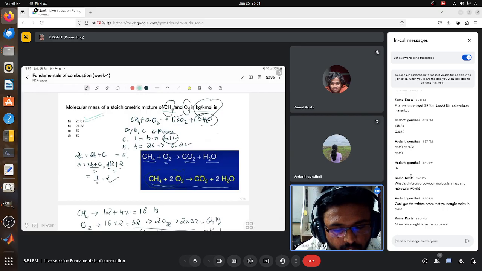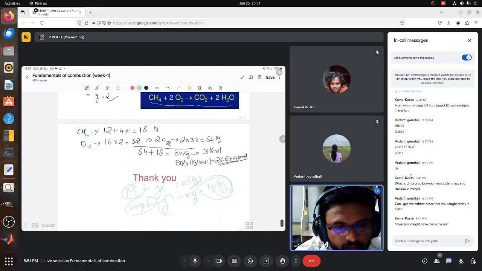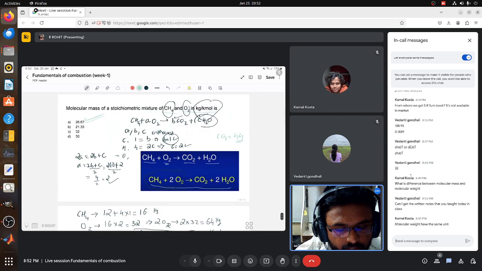Carbon dioxide has 44 as its molecular weight. So this involves 12 plus 16 into 2, which individually involves all the weight considerations, considering it is in air, atmosphere and all these things. So it is being weighed based on atmospheric conditions.